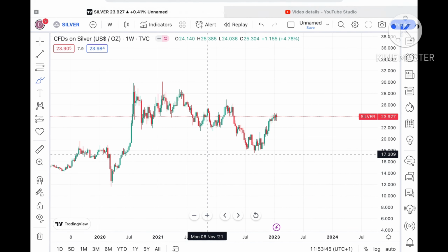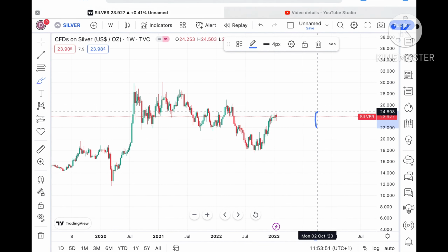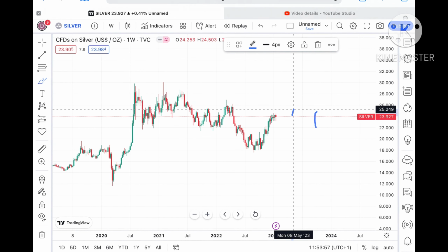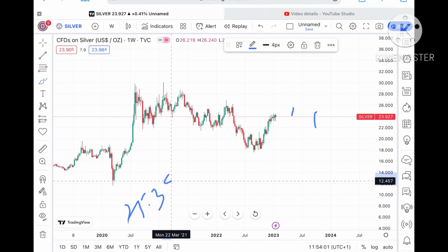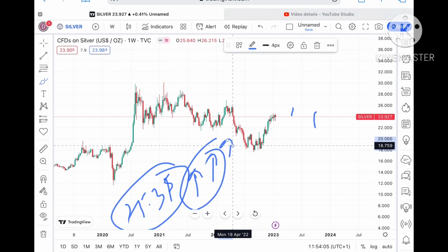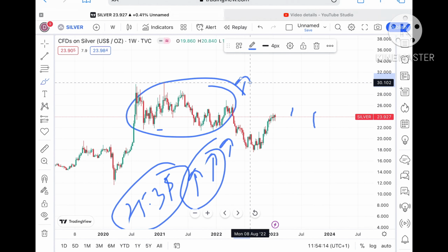Once it starts moving above $24.5, chances are high it can touch $24.808, which is a weak resistance. It can cross that zone and touch around $25.3, which is again a weak resistance, so the chance of going further upside is there. Once it sustains, it will start moving upside and going further high.